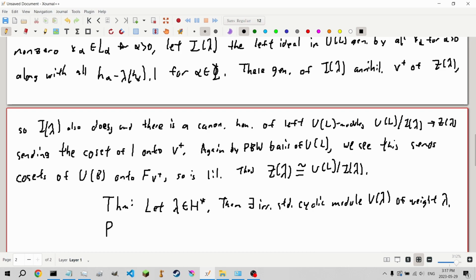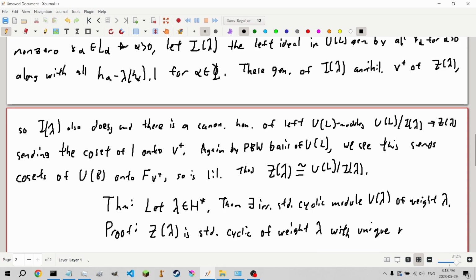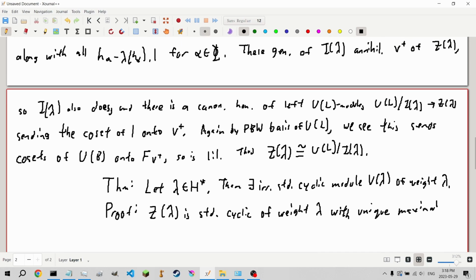And the proof, you've already done most of the work for it here. Our Z lambda is standard cyclic of weight lambda with a unique maximal submodule Y lambda.